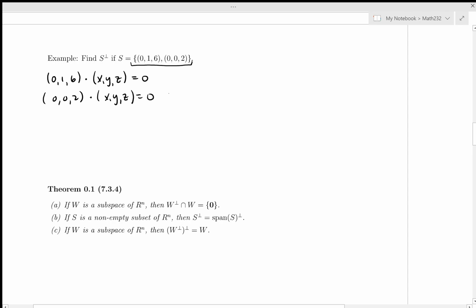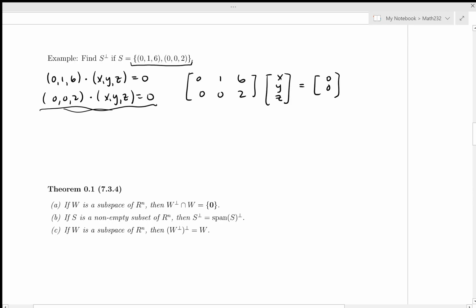Now we can write that in our solving linear systems way. It looks like this: the matrix [0 1 6; 0 0 2] multiplied by (x, y, z), and we want that to be equal to (0, 0). That is this system of linear equations, written in the matrix format.